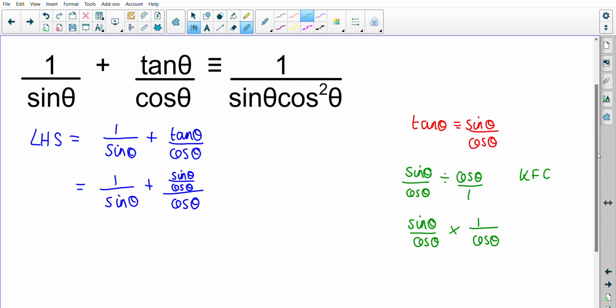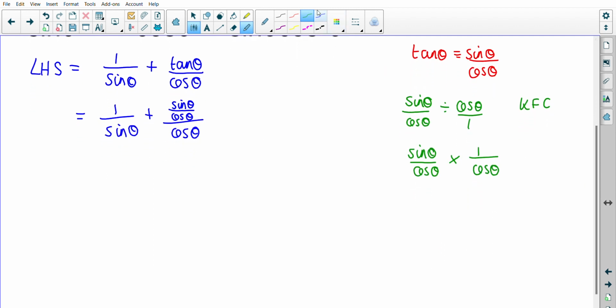Or the other option is, if I leave it as it was, if I times the top and the bottom, the numerator and the denominator, by cos theta, because both have a cos theta that I'm trying to remove. Okay, so when I do this, I will get sine theta over cos squared theta.